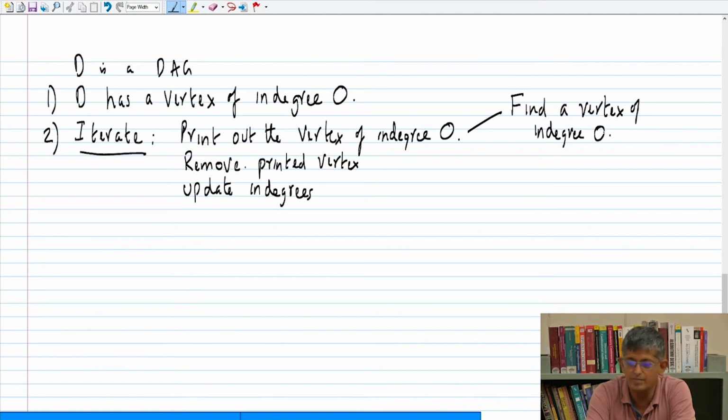The immediate way is to keep an n-sized array and store all the in degrees, and you check if there is a vertex with in degree 0. So the straightforward algorithm takes, in the ith iteration, because you are removing the appropriate vertices, if you do it carefully, order i time, because there are only n minus i, sorry, in the ith iteration there will be n minus i vertices only, so it could take n minus i time.